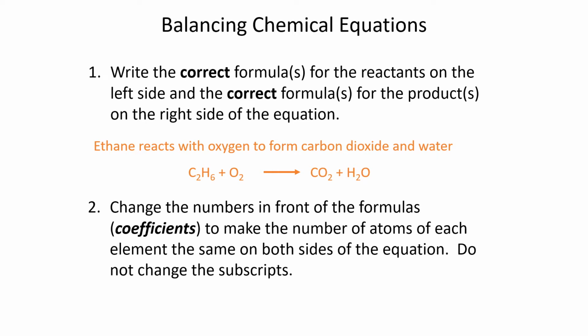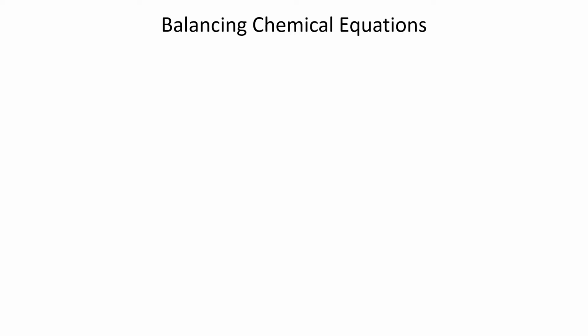We need to use coefficients in front of these formulas to make the number of atoms on each side of the equation for each element the same. We do not change subscripts. For example, the 2 and the 6. That is not proper. This is a totally different molecule from this. So coefficients go in front. We don't change the subscripts.